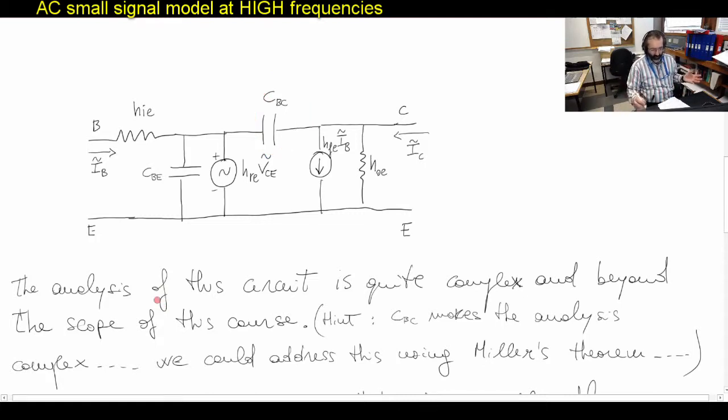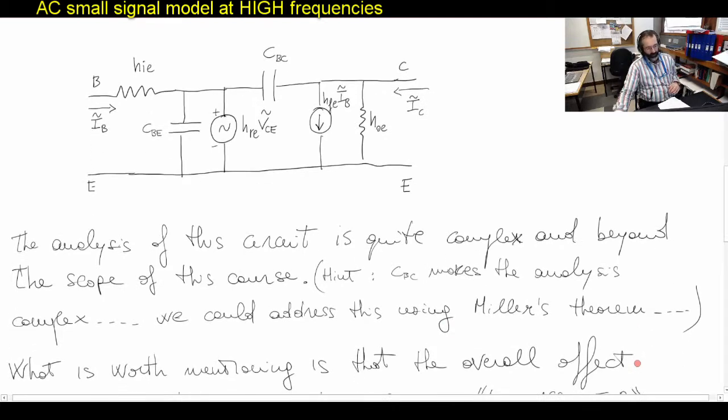Just to give you a hint, the way to solve this issue is to use Miller's theorem, which shows how to split things that are bridging a two-port model. If you are interested, go back to what we did in chapter 1.